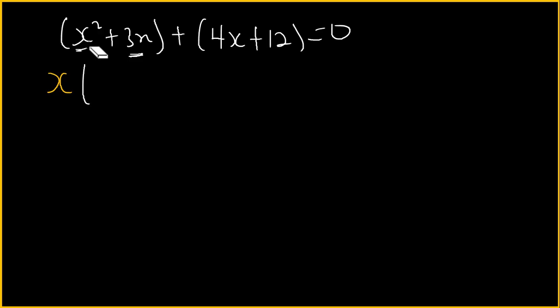So one of the x from this x squared is taken out, so 1 is left inside, plus the x attached to 3 is also taken out, so we have only 3 here, plus 4x plus 12, and 4 could be taken out because 4 is also a factor of 12. So 4 is taken outside our bracket.